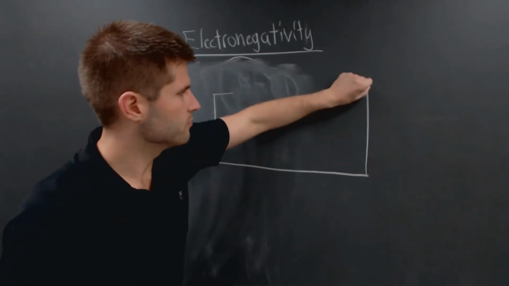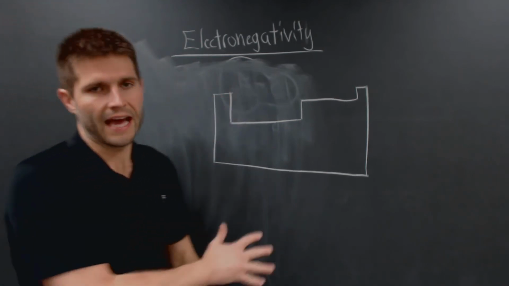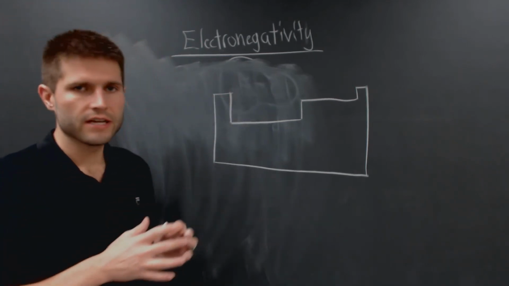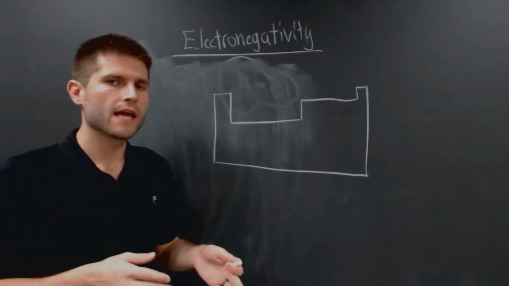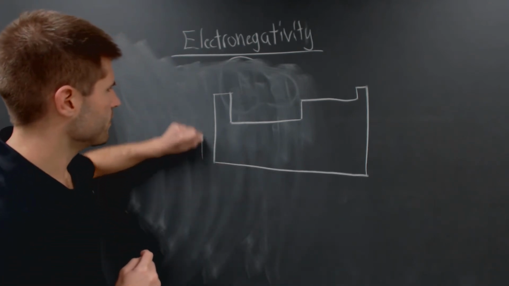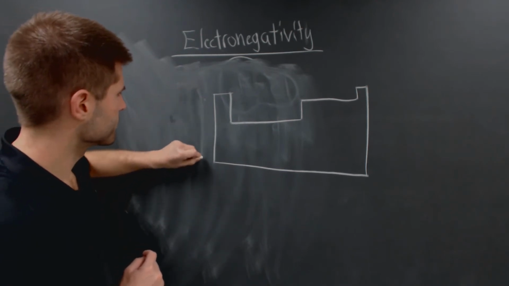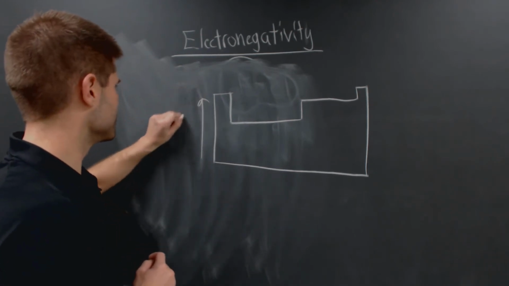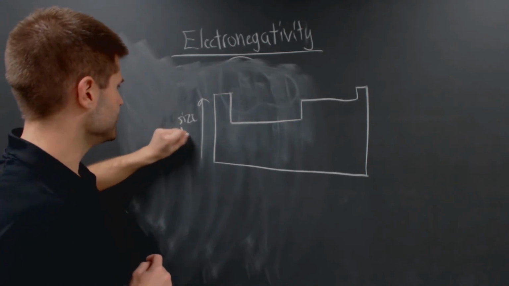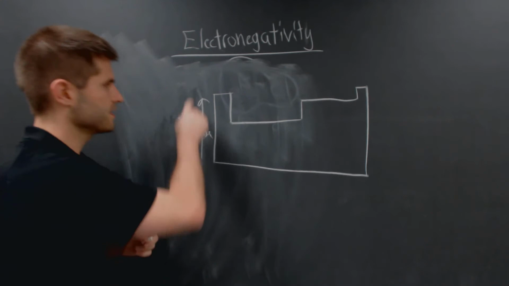So I'm going to draw my crude periodic table here. Looks something like that. Now, electronegativity follows the same trend in the reverse order as size does. We know that size decreases, going from the bottom to the top.